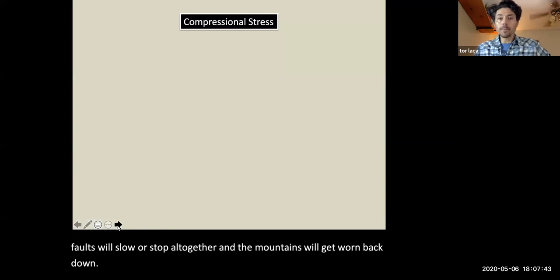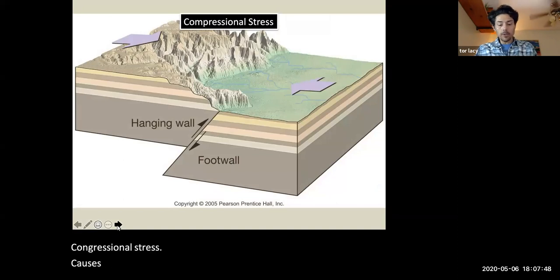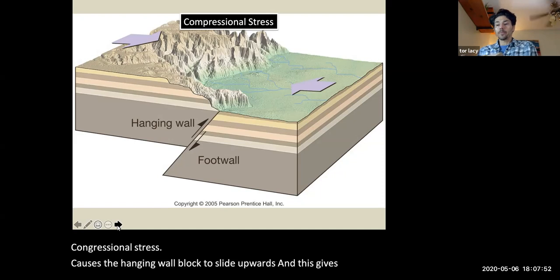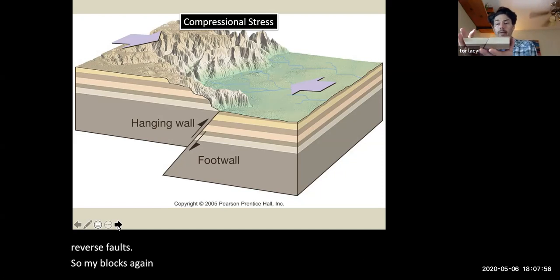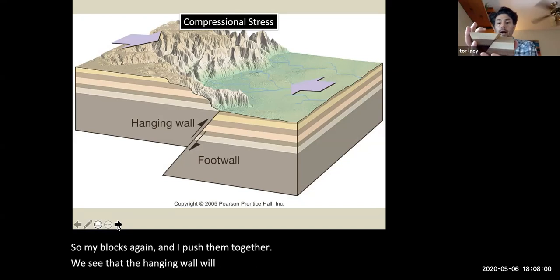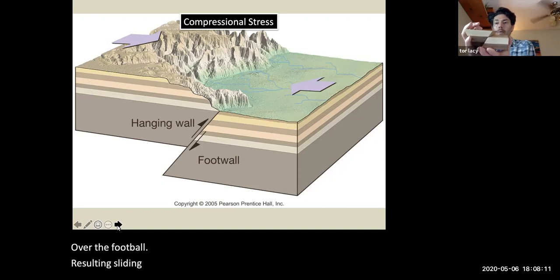Compressional stress causes the hanging wall block to slide upwards, and this gives us reverse faults. So with my blocks again, if I push them together, we see that the hanging wall will always slide over the footwall. Compression results in sliding upwards along the footwall, and that gives us a reverse fault.